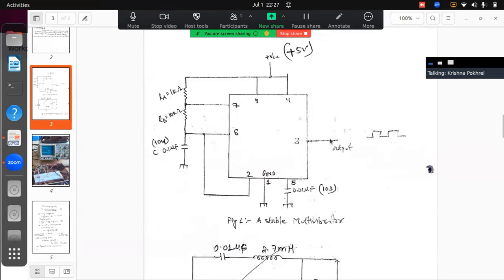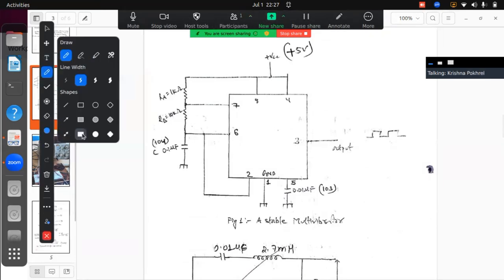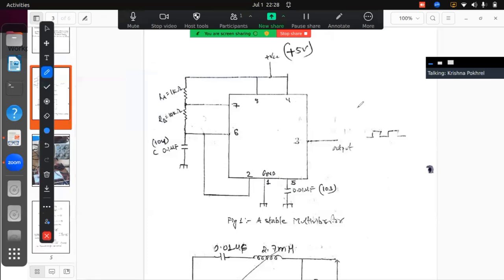And one more thing I want to tell you: this is the example of an astable multivibrator, and the outcome of this astable multivibrator may not have an equal time period. Suppose this may be long, this may be short. So for that, we worked a little bit hard to change this resistance, because the astable multivibrator has a 1 kilo ohm resistance, no doubt.